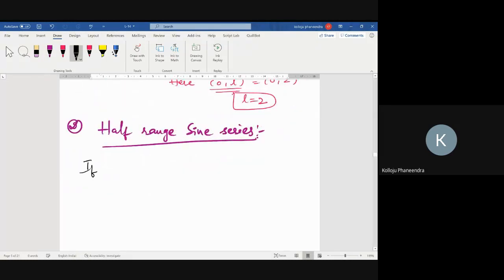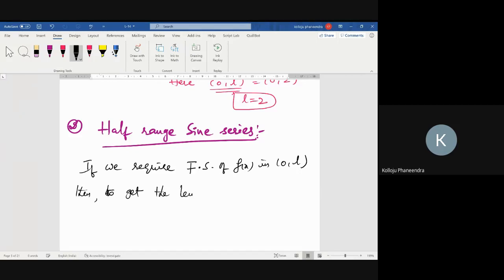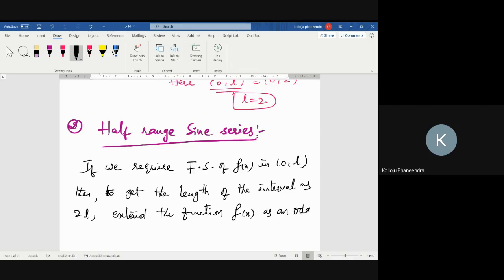Now, if we require the Fourier series of f of x in the interval 0 to L, then to get the length of the interval as 2L, extend the function f of x as an odd function.